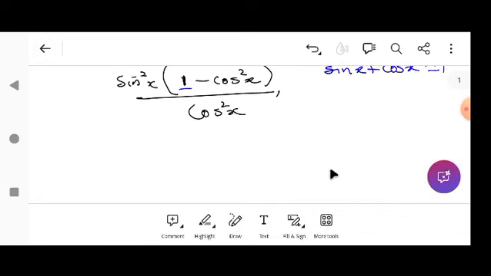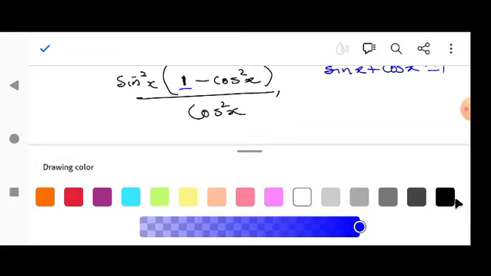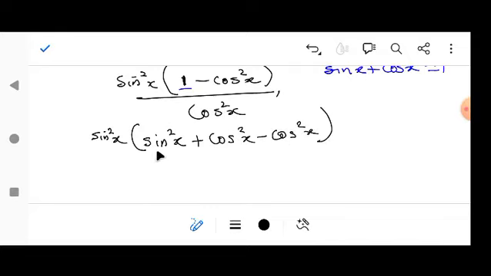So if that's the case, right now, instead of having to write 1, I will go ahead and write sine square x into, here we have sine square x plus cos square x, which is 1, then minus cos square x, right, upon cos square x.